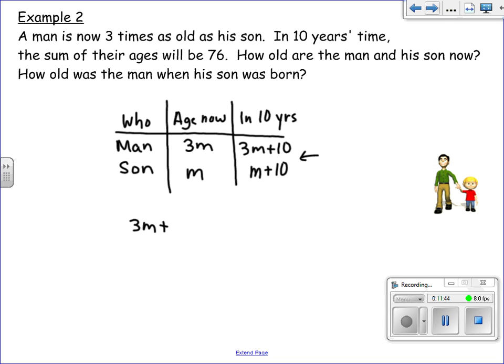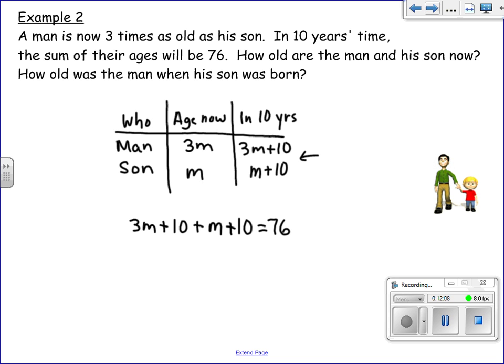Plus 3M plus 10. Okay, plus the son is what? Plus M plus 10. Good. And what do we know about that? What does it equal? 70. Good.